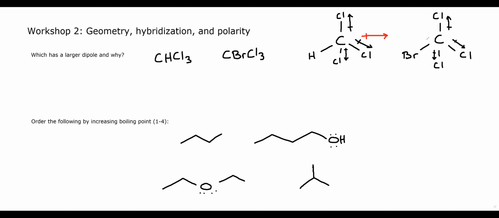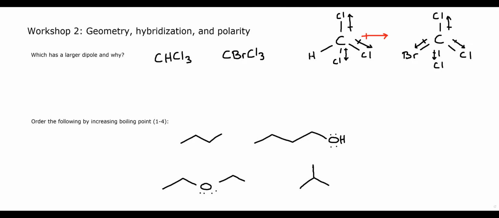And now we also have a dipole towards bromine. So we now have a dipole sort of in the opposite direction as our overall dipole in the previous one. So this arrow, this dipole pulling towards bromine, is actually sort of canceling out these other dipoles, right?